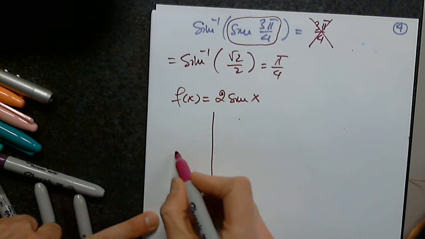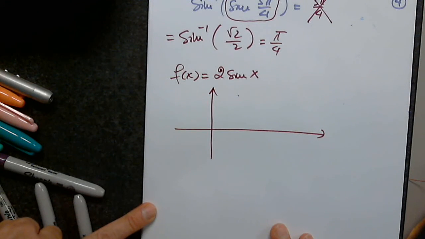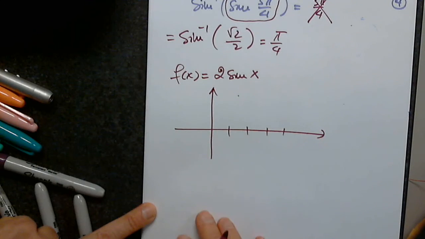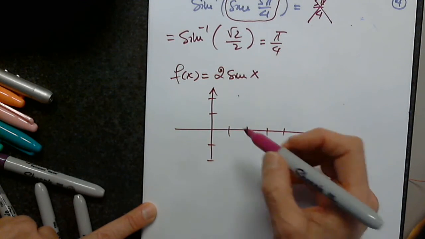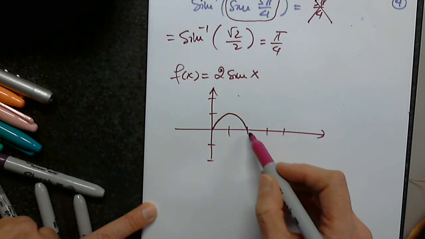So when I graph this function, just one complete cycle. We're talking about the same function, yes. The original graph, the base function, is this.